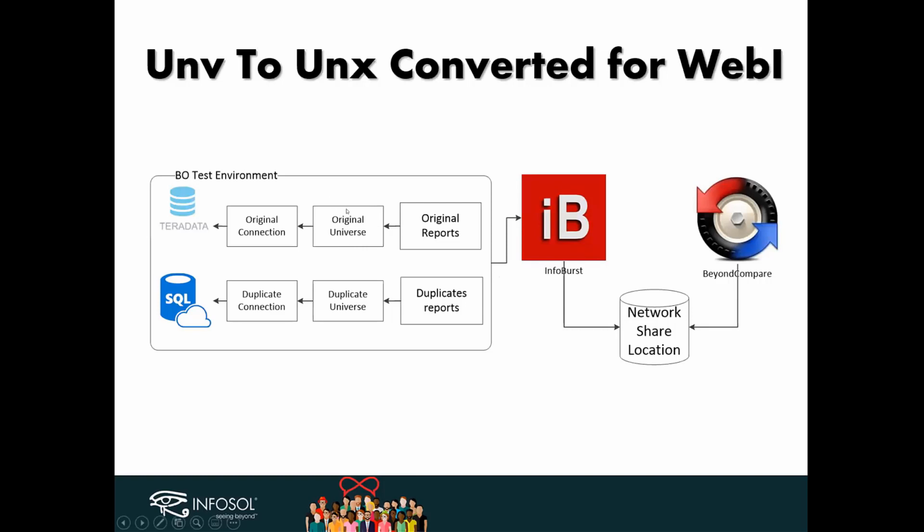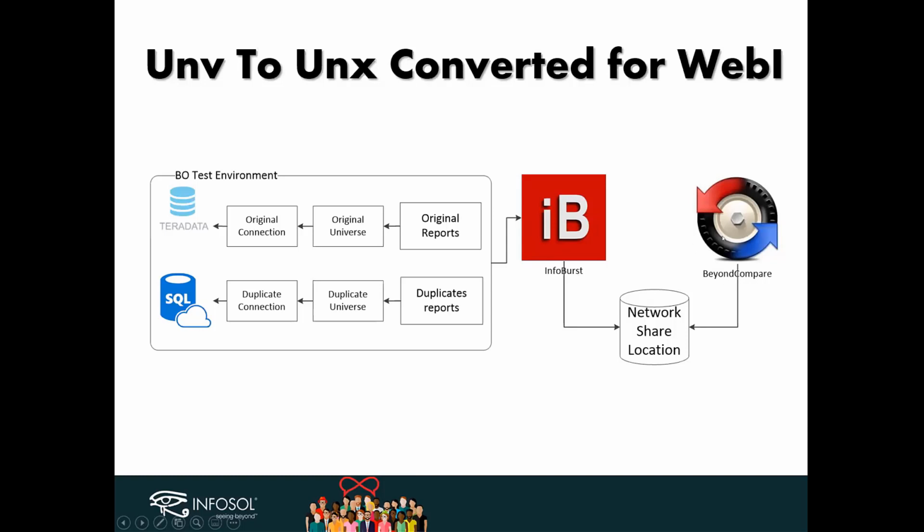You schedule a set of reports to InfoBurst which are pointing to the UNV, and then you also schedule the reports that are now pointing to the UNX, and then you use InfoBurst to burst the results out into a network share location.